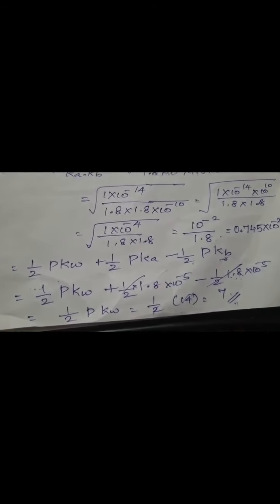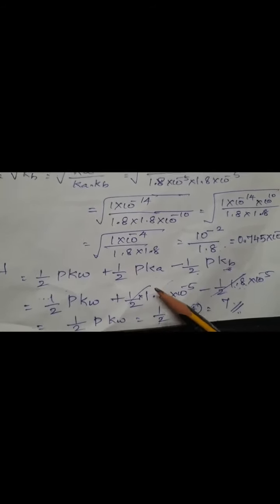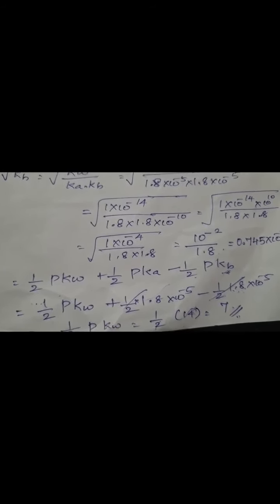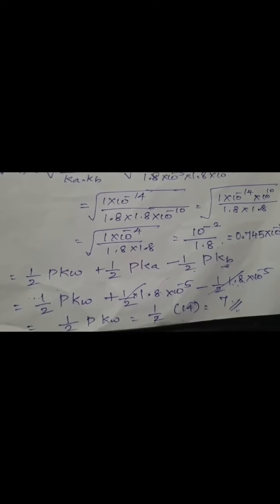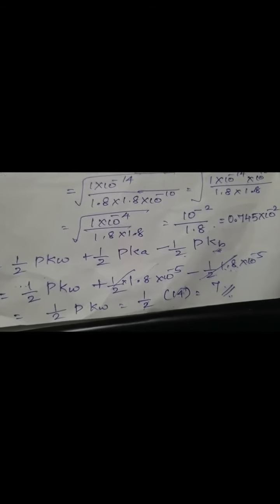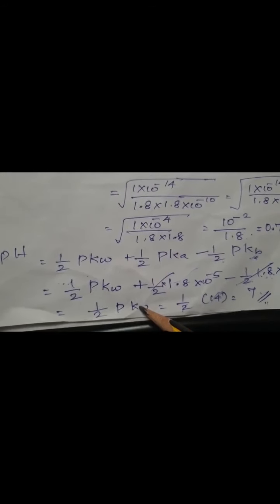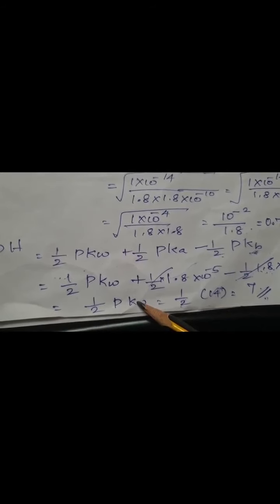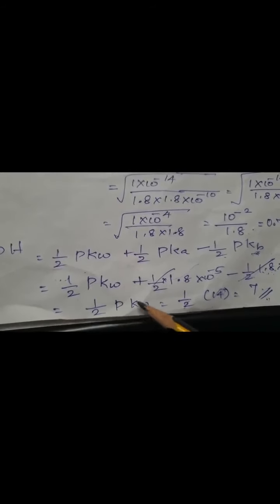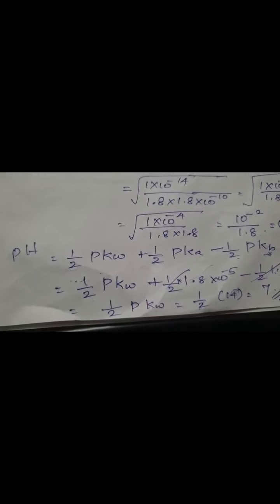Here pKa is based on 1.8 into 10 power minus 5, and pKb is also based on 1.8 into 10 power minus 5, so these two values cancel. pKw is equal to 14, because we already know Kw is 1 into 10 power minus 14. So half into 14 simplifies to 7. So the pH of the solution is 7.